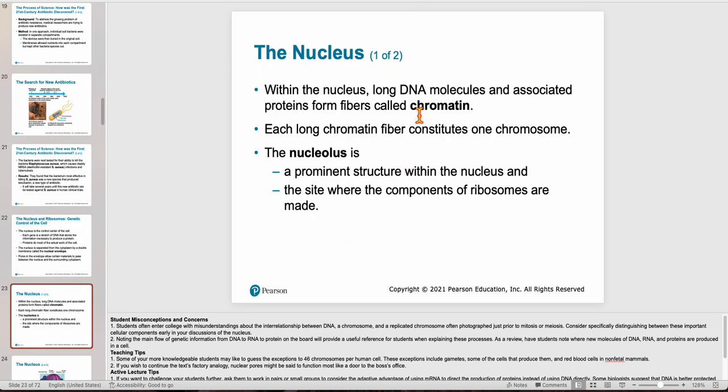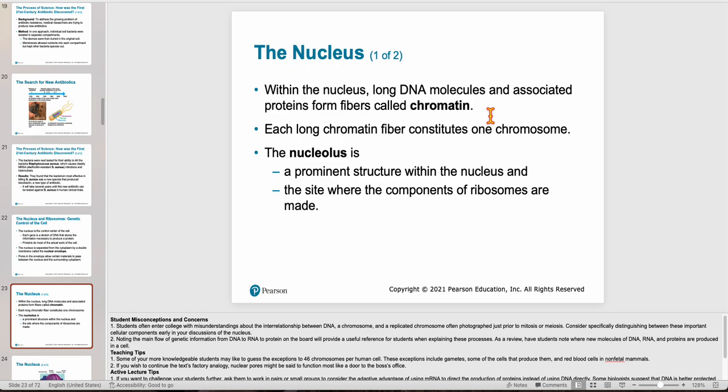So here we have chromatin. And chromatin is basically DNA that has been unwound. So it's like loose spaghetti. Okay? So normally DNA doesn't look like our nice little double helix that we see. It's loose. It doesn't look like the X and the Y chromosomes that you normally see in pictures of chromosomes.